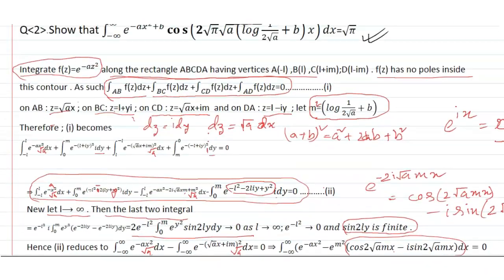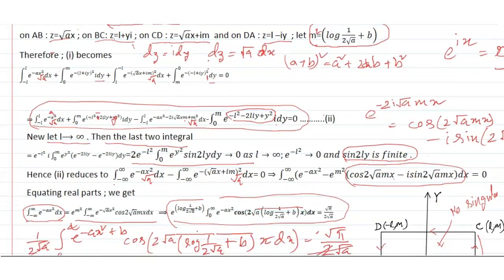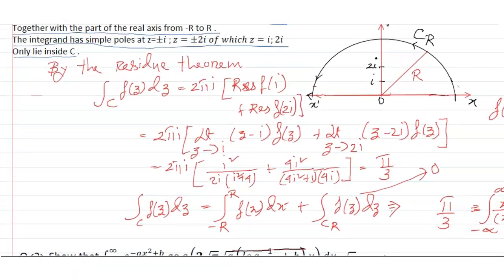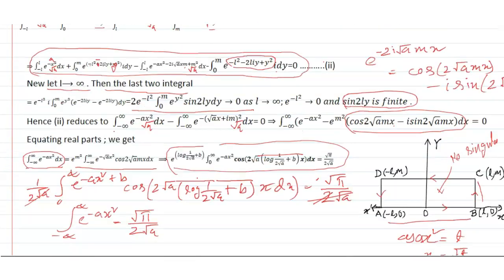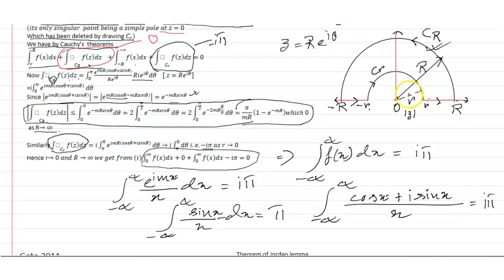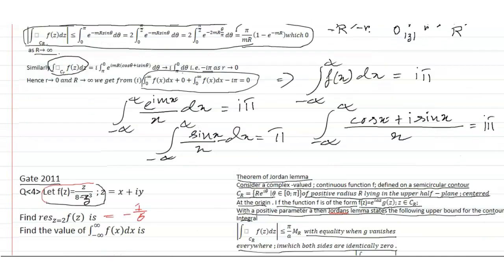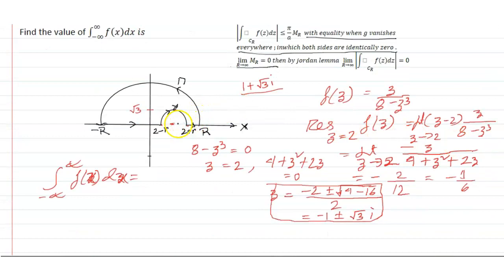Here you see this problem, sin mx by x, where you see two types of point, 0 and r. So you also get 2 minus r and 2 plus r, and r is the radius.